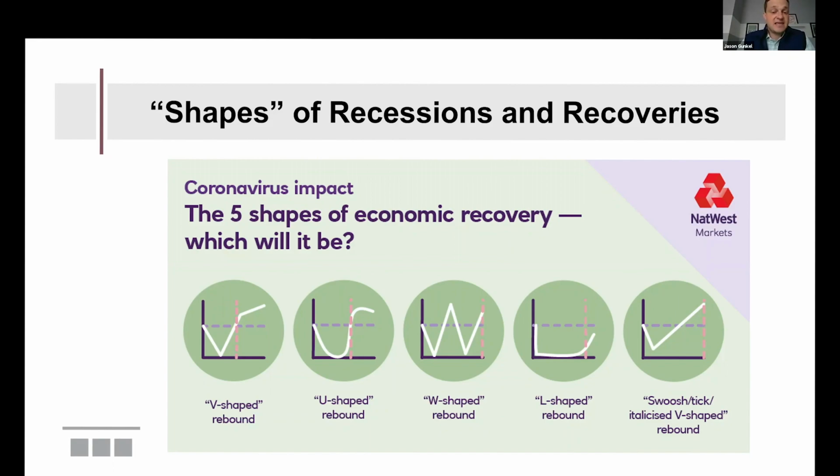We have a V, a U, a W, an L, and we'll call the last one a swoosh. So the most common would be a V, and we're hoping this time around that it's a V, but we've heard a lot of economists lately maybe think it's going to take on a different shape.